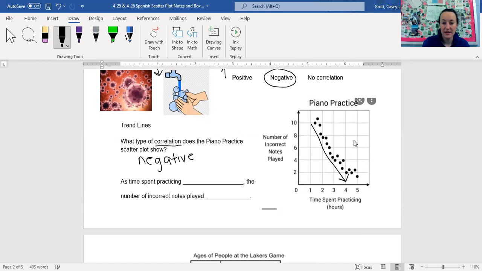As time spent practicing increases, as this is going up, this is going down. As this increases, the number of incorrect notes played decreases.